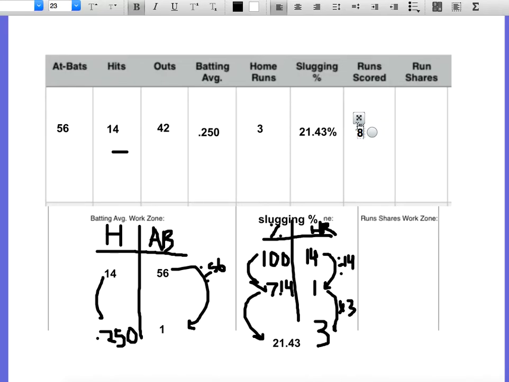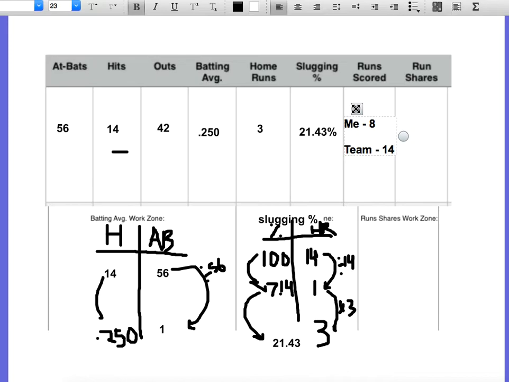Run share is what percent of your team runs are because of you. So let's say I have scored 8 runs, and as a team, we have scored 14 runs. What run share means is what percent of your team runs are because of you. So we're trying to find out how valuable you are to your team.